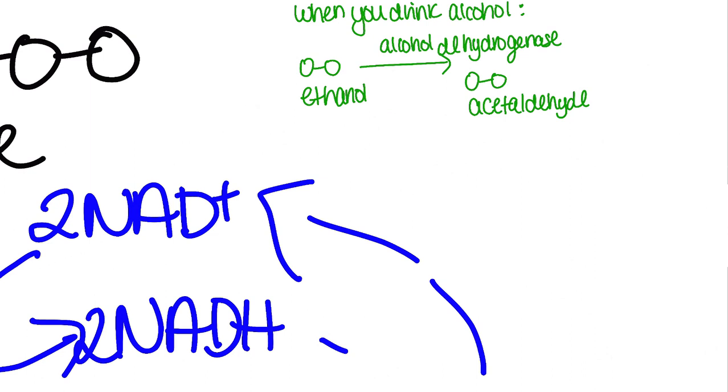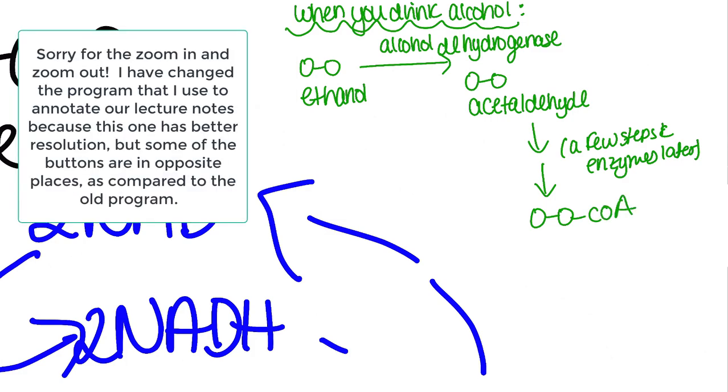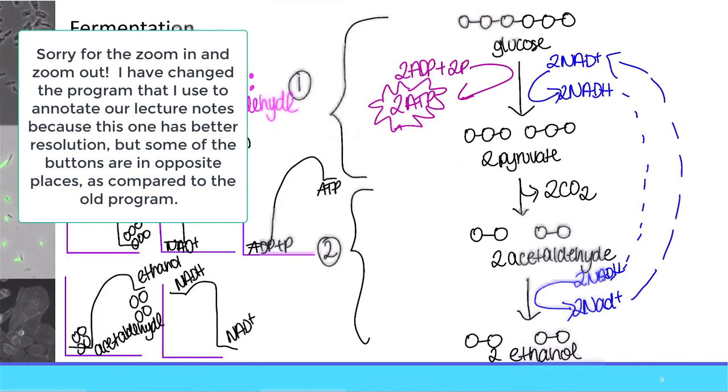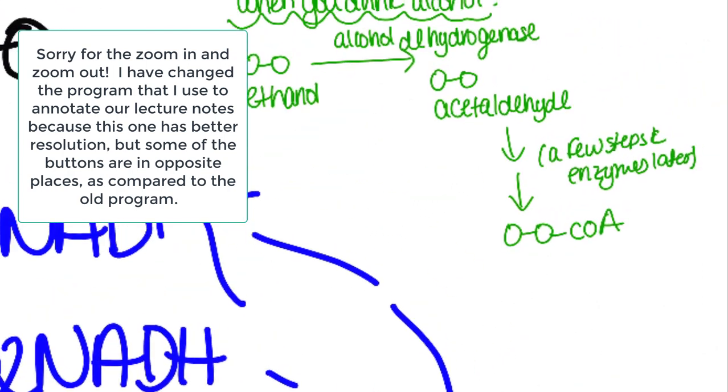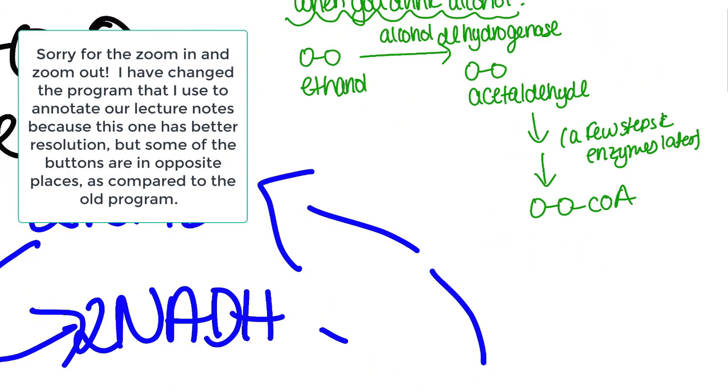And then I'm going to just write a few steps and enzymes later. Again, if you take biochemistry, you'll probably talk about this entire pathway, but we take that acetaldehyde and a couple of steps later, with a couple of enzymes involved, we actually make acetyl-CoA. I apologize. I'm learning a new program here and I accidentally hit a button there.